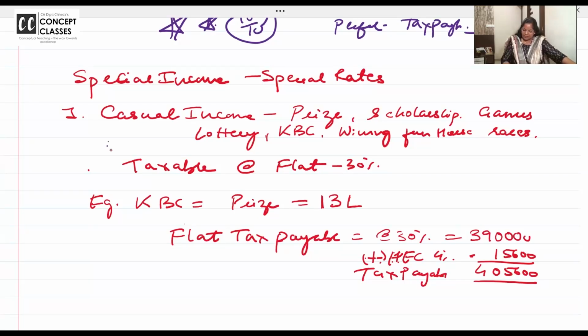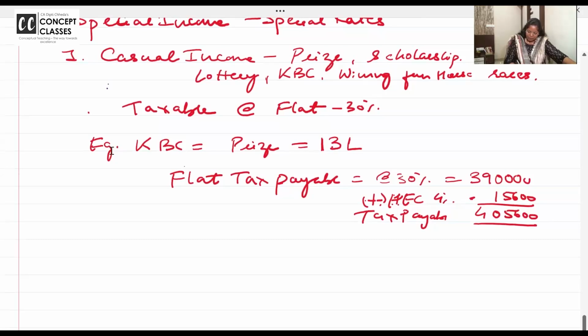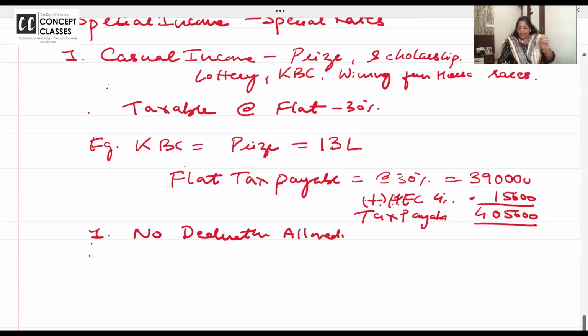Easy. Now here, important pointer I want to write. Point number 1. No deduction allowed. You know, no deduction is like, okay, I have earned 13 lakhs from KBC, but I have put 1,50,000 in my PF account. You get some deductions from your total income.